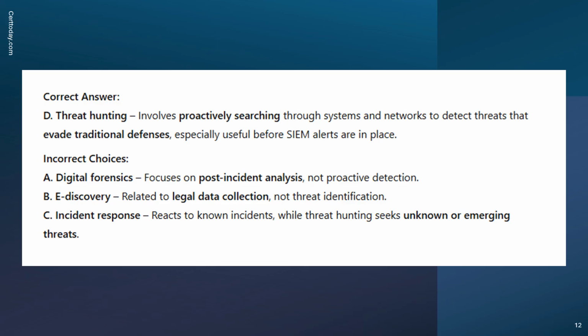B is incorrect because e-discovery is related to legal data collection, not threat identification. And C is incorrect because incident response reacts to known incidents, while threat hunting seeks unknown or emerging threats.